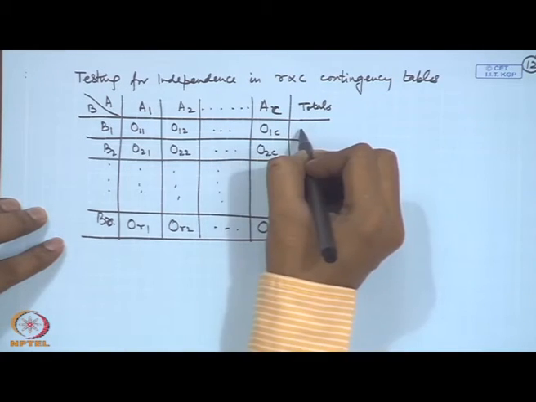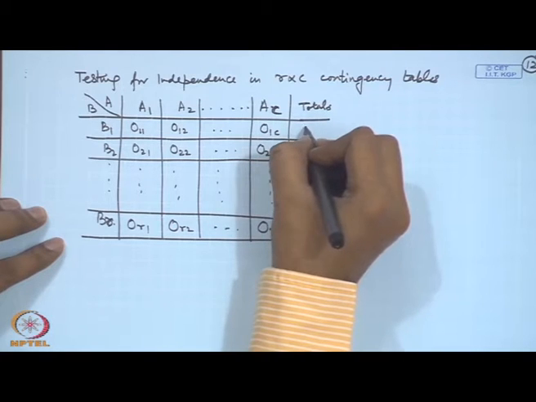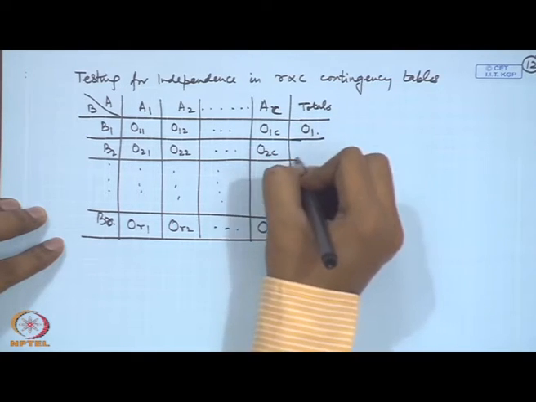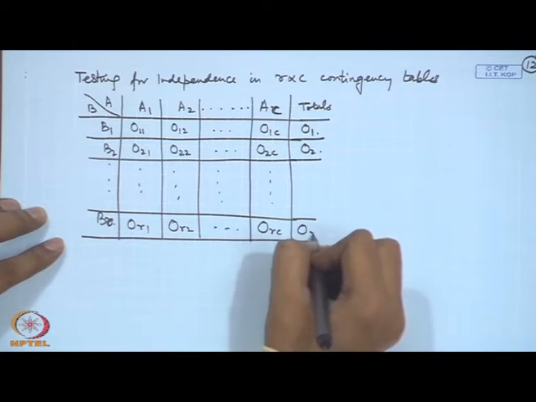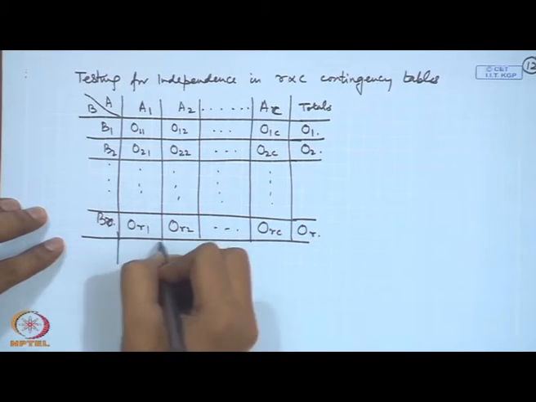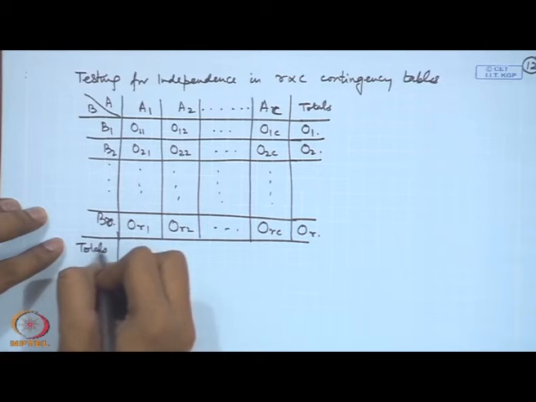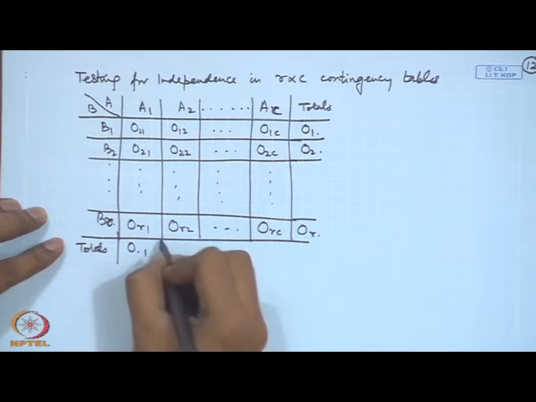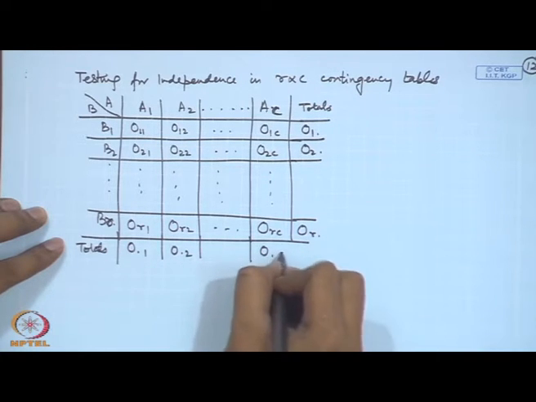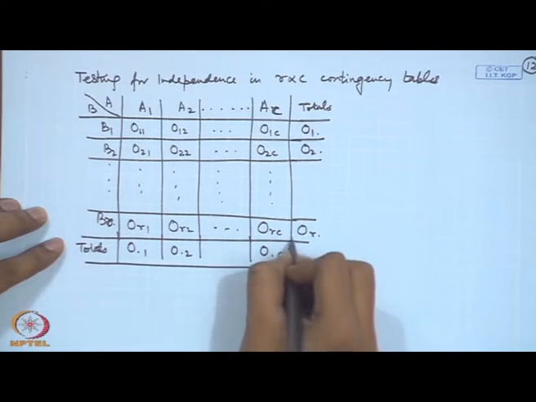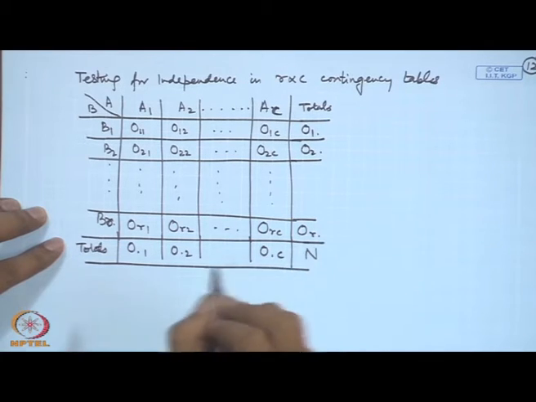If we sum the first row, we call the sum O1 dot, O2 dot and so on, OR dot. Similarly, if we sum the columns, we call them O dot 1, O dot 2 and so on, O dot C. The total sum is n.